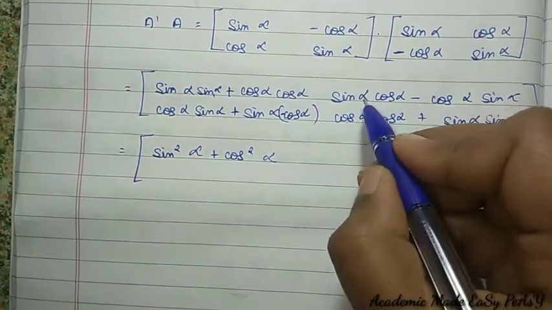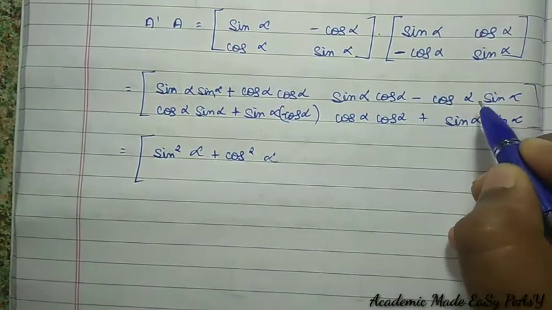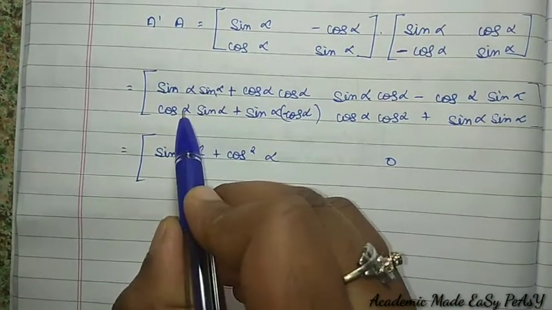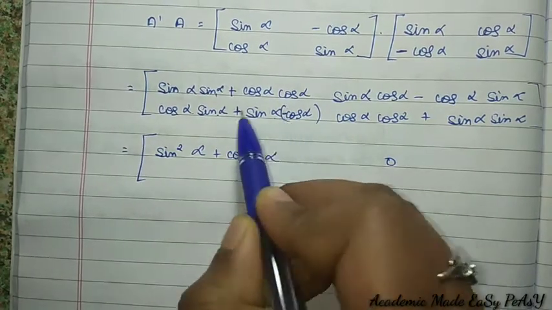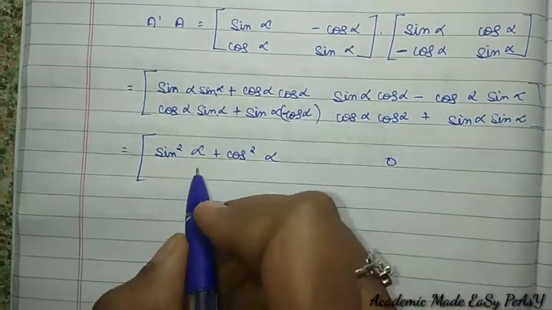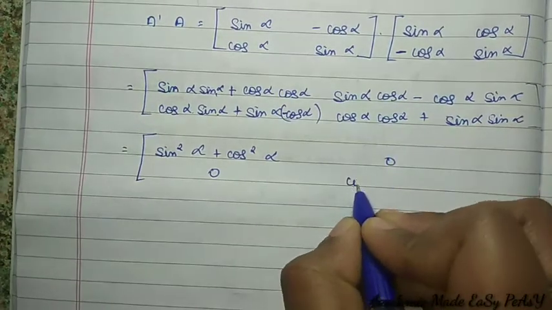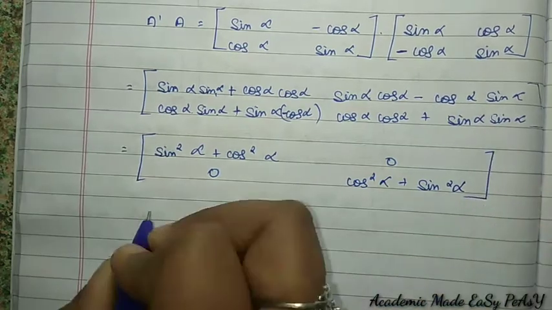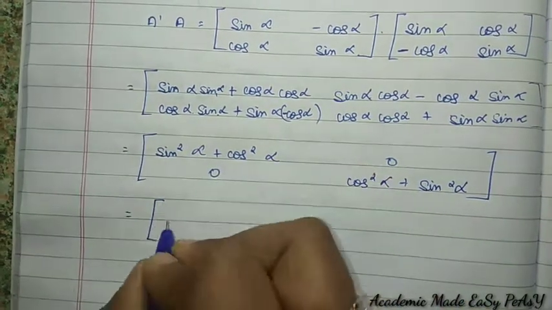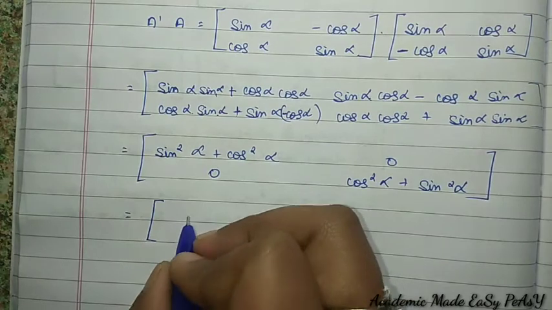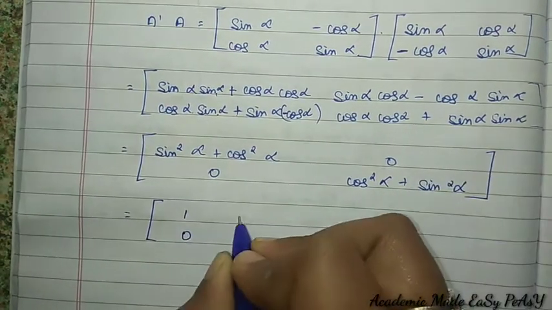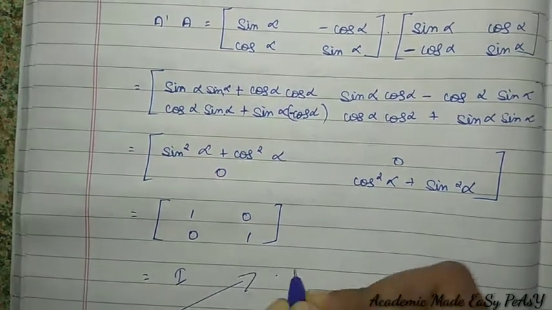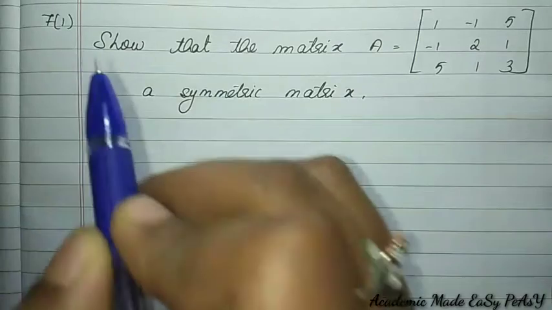Next here it is sin alpha cos alpha minus cos alpha sin alpha. These two are the same only, no? So 0 directly I will write. So here also cos alpha sin alpha minus, plus into minus is minus, cos alpha sin alpha, this is 0, and here it is cos square alpha plus sin square alpha, which is equal to 1. Sin square x plus cos square x is 1. No? So 1, 0, 0 and here also 1, which is equal to I. Hence verified.